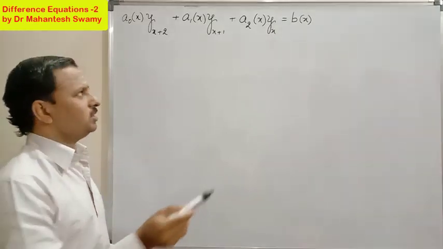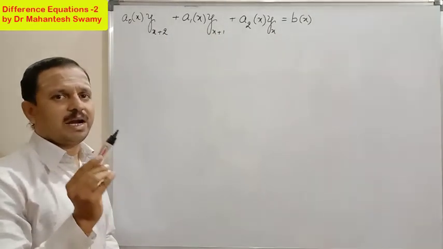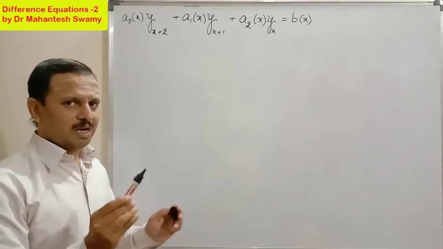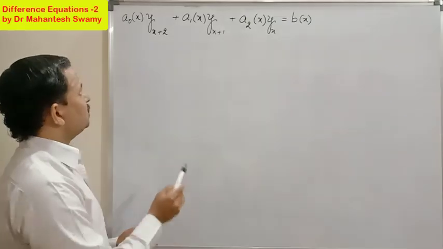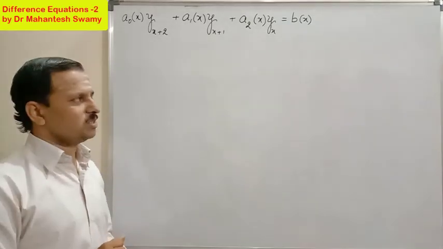On the other hand, if they are functions of x, it is called a difference equation with variable coefficients. In our discussion now, we will consider only difference equations with constant coefficients.